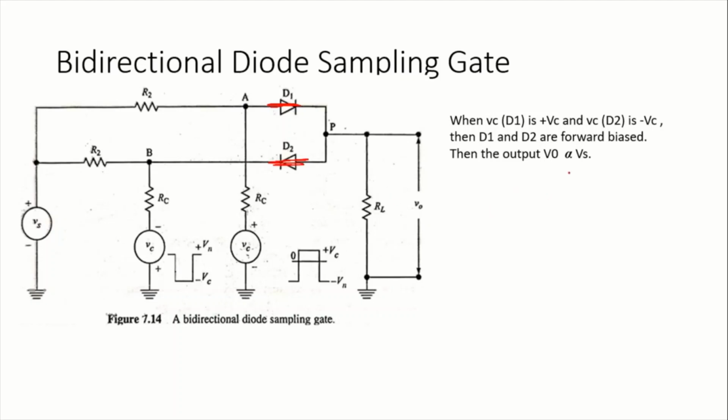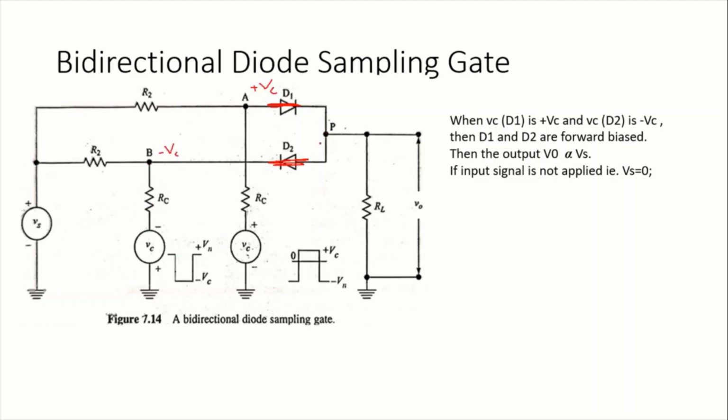Now in this concept let us discuss if the input signal is not applied, if Vs equals 0. Then these two are short circuited, and see, the node P is connected with point A as well as point B. The voltage at point A will be plus Vc and the control voltage at point B will be minus Vc.